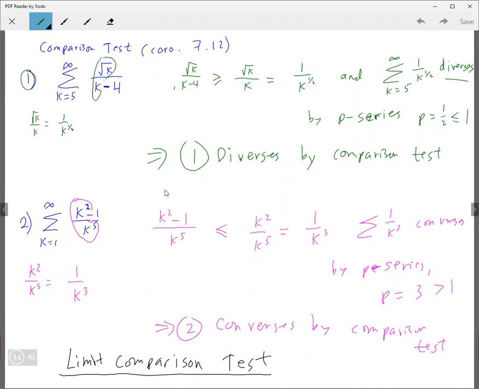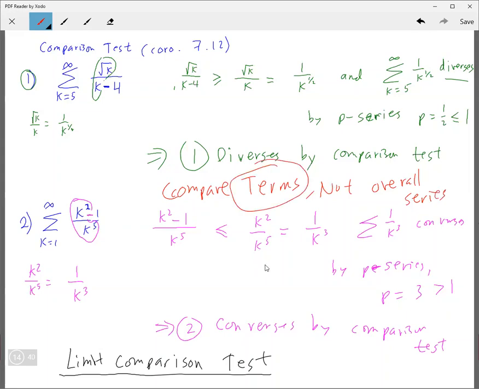So compare terms, not overall series. Okay, so you're comparing the terms, not the overall series. So that means this right here and this right here.